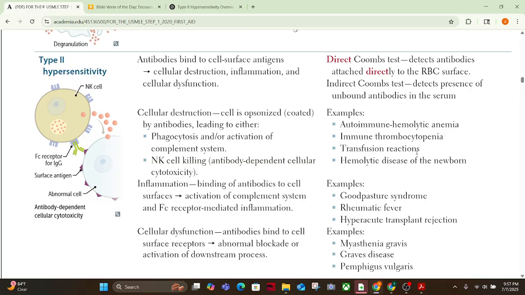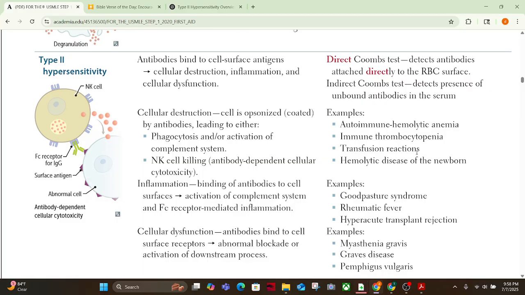And since I already have this Rh antibody from my first baby, already circulating in my blood, that Rh antibody is going to attack this second baby's Rh positive antigen and kill the baby.